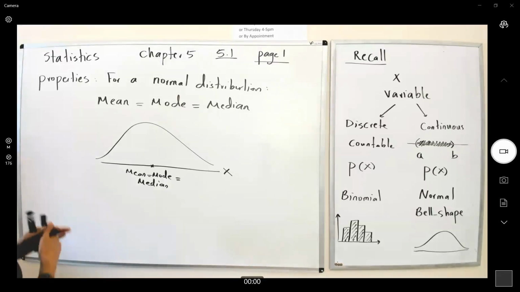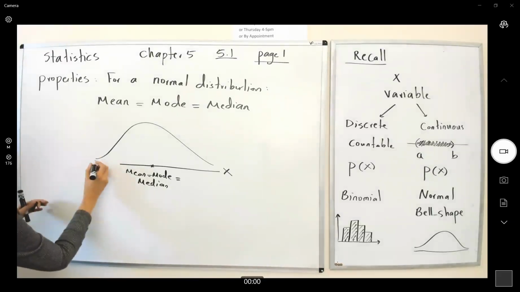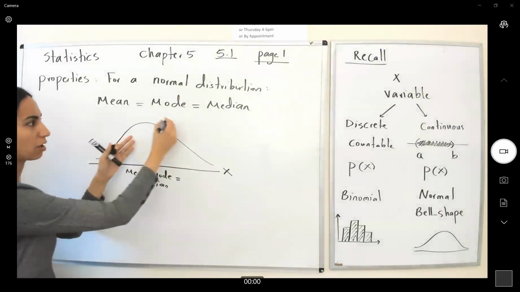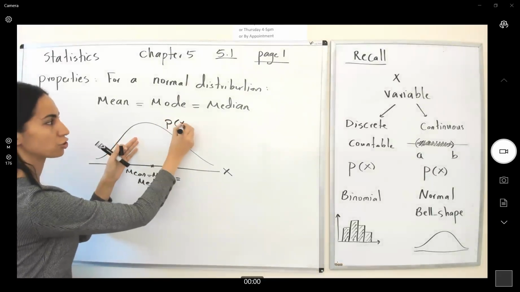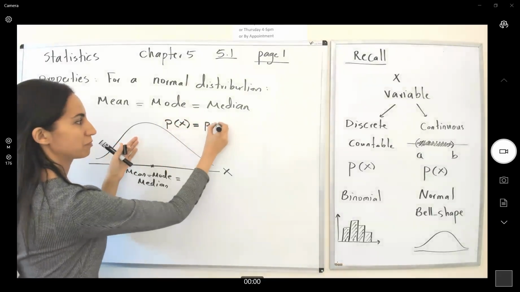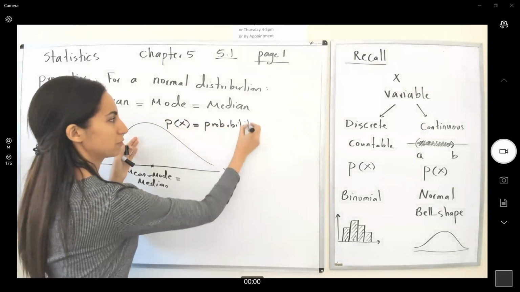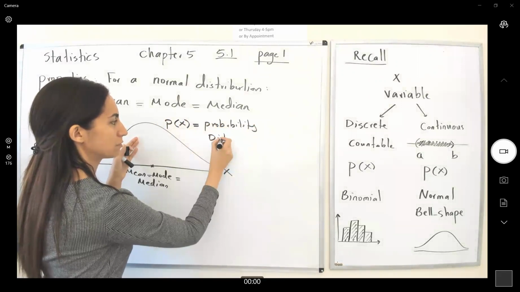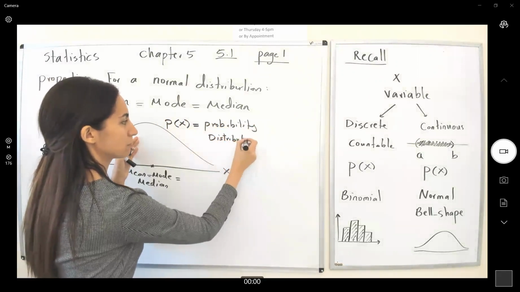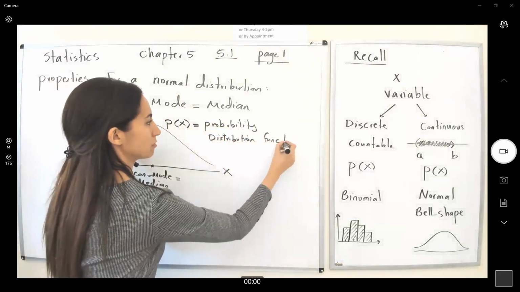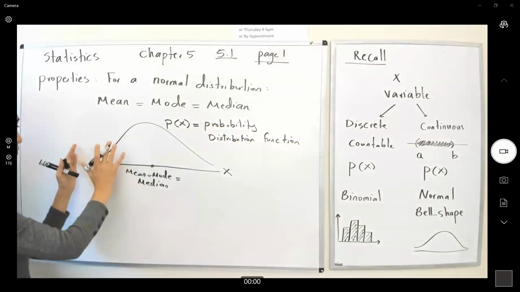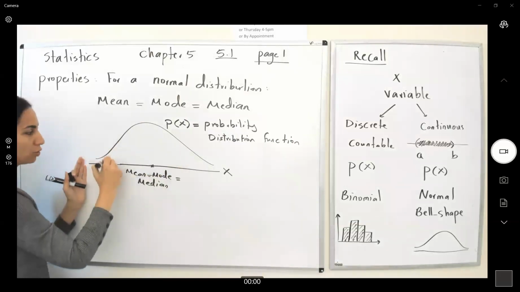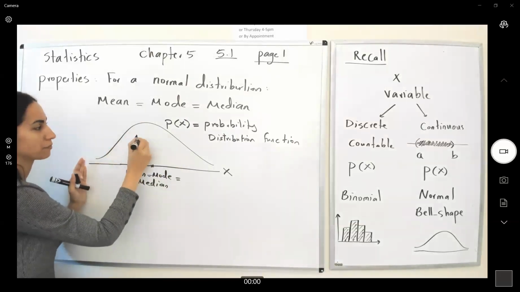Well, it happens that since you have a graph, this guy is your probability distribution function. So as you can see, below the graph and x-axis, you have an area.